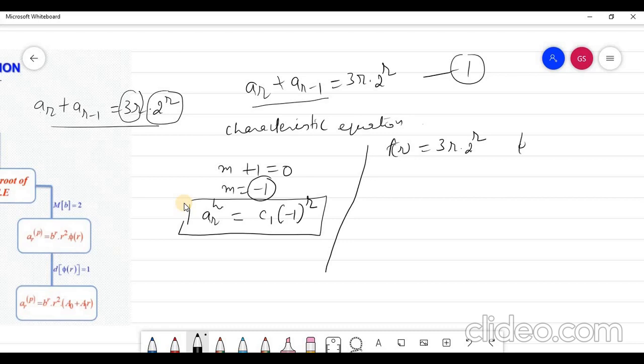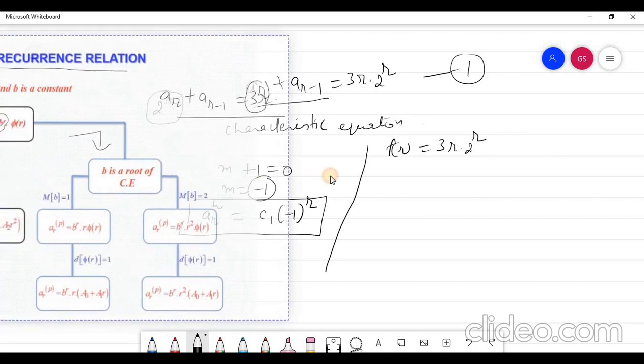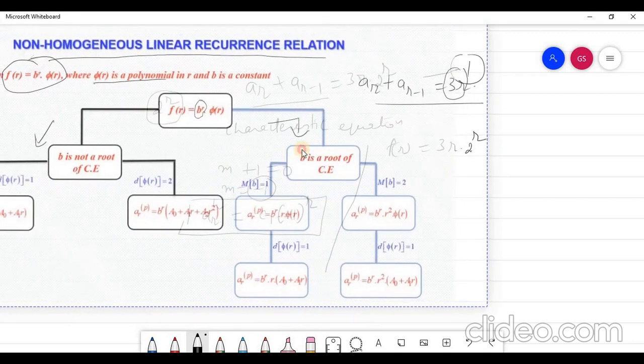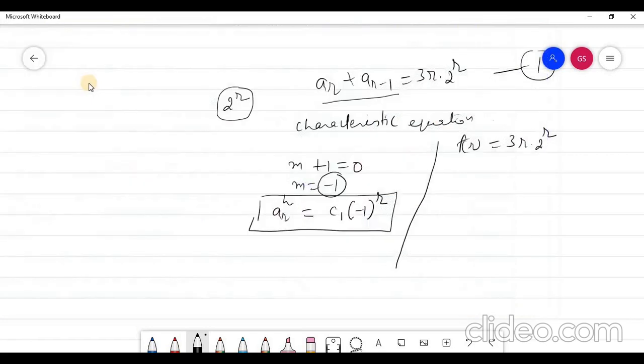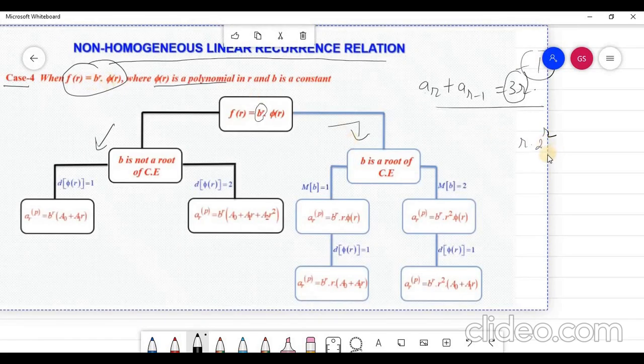If we compare with phi(r), or just look at the picture that we showed earlier, we are going to discuss the case when b is not a root of the characteristic equation. Here d represents the degree of the polynomial phi(r). So we are going to compare with b^r * phi(r).